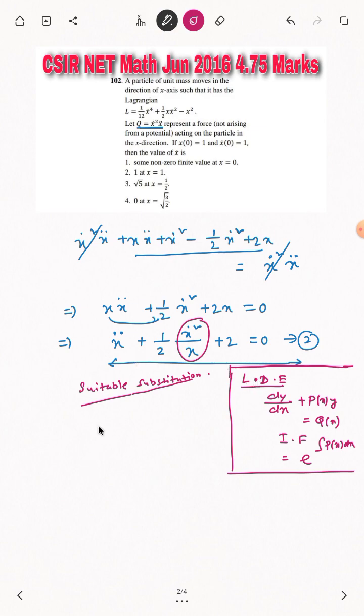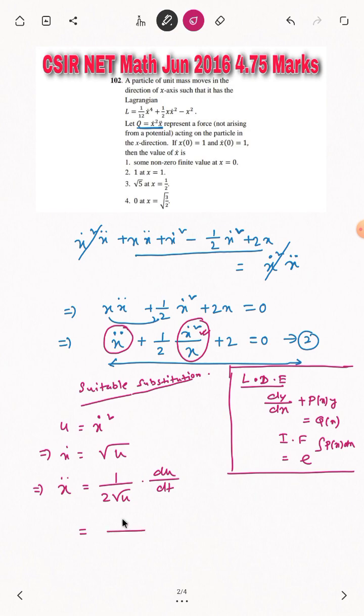Now let us look at this beauty. We should substitute x dot square by u, and therefore very easily x dot will be root u. Now in our equation there is x double dot, so let us calculate that. x double dot will be the derivative of this quantity, 1 by 2 root u into du by dt.